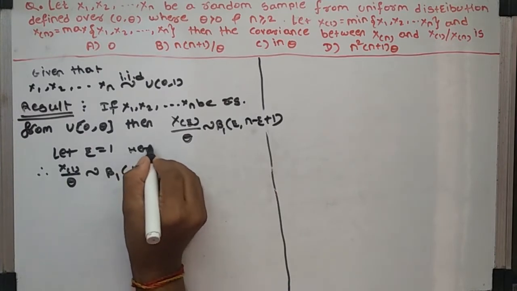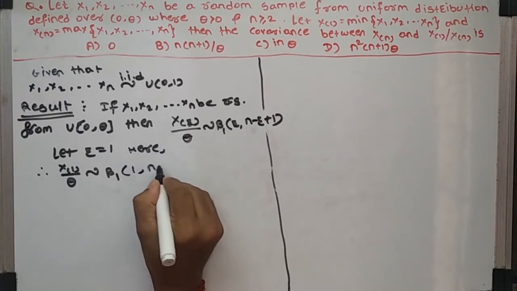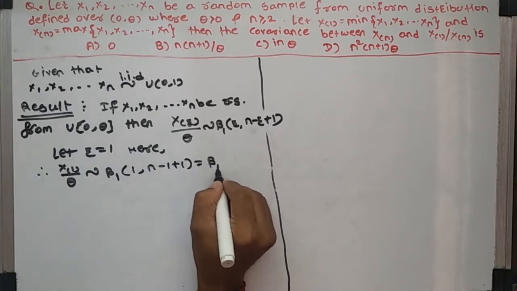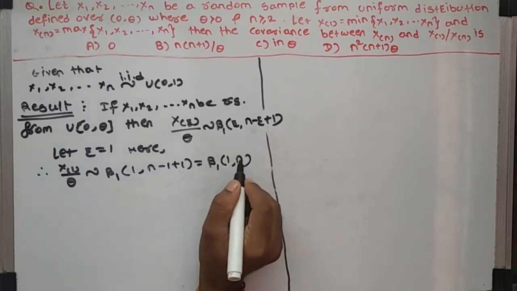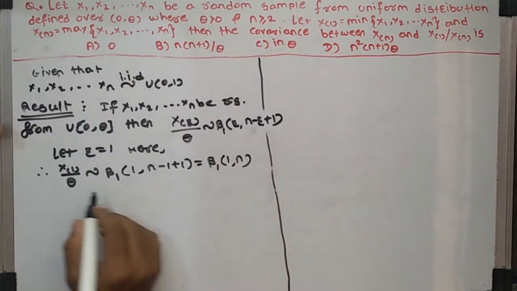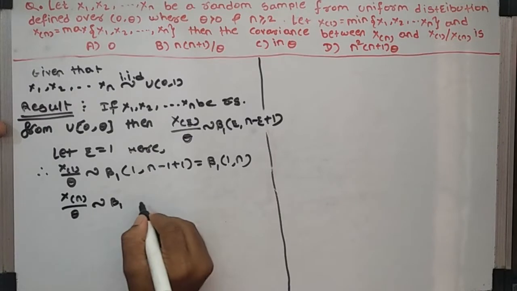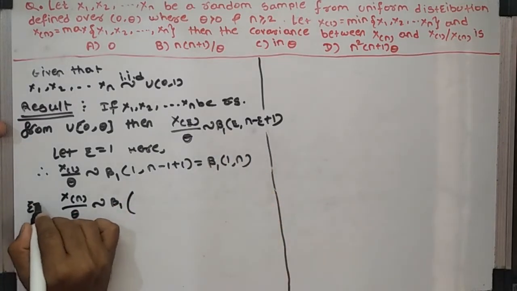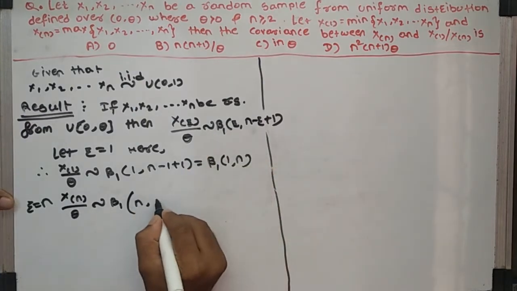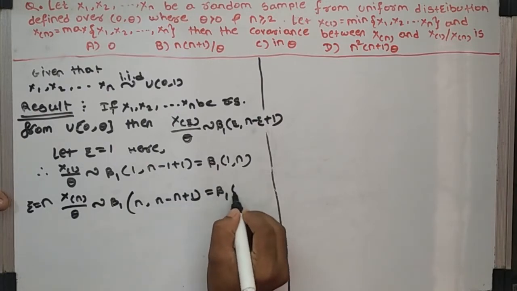Likewise, X(n) upon θ follows a beta distribution of the first kind; here r equals n, so the parameters are n and n minus n plus 1, that is, beta of the first kind with n, 1.